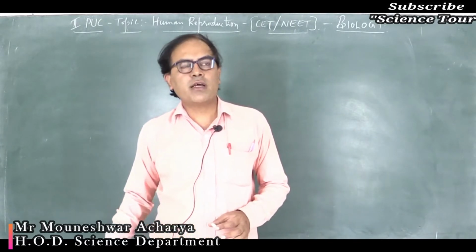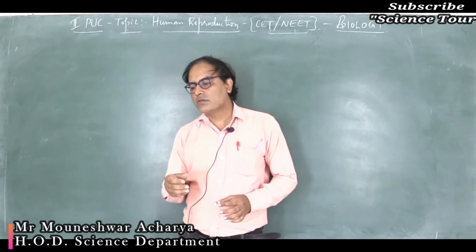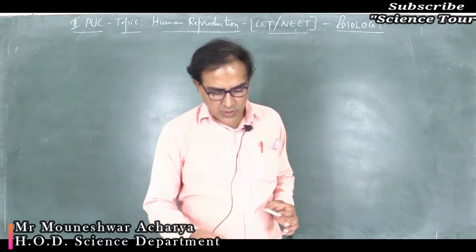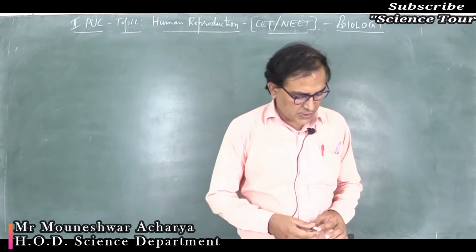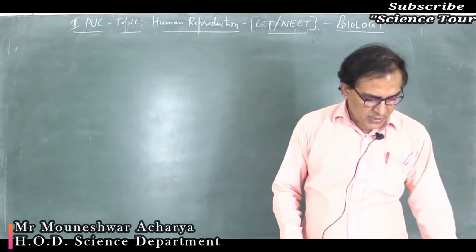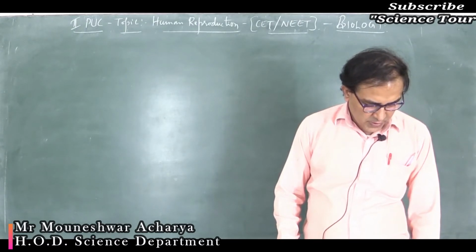From the urethra, which is a common urinogenital duct, the sperms are released out of the human body. So identify the correct sequence, the pathway of how the sperms are transferred, among the different options given.